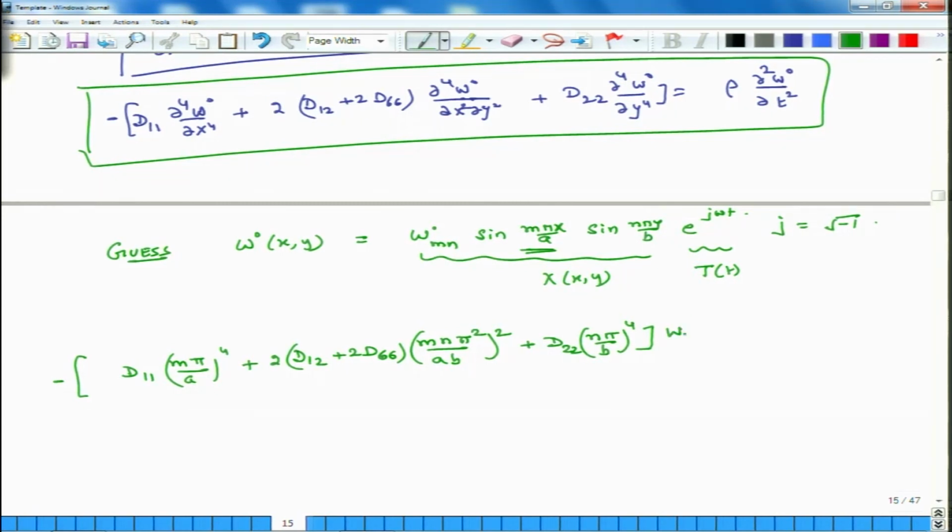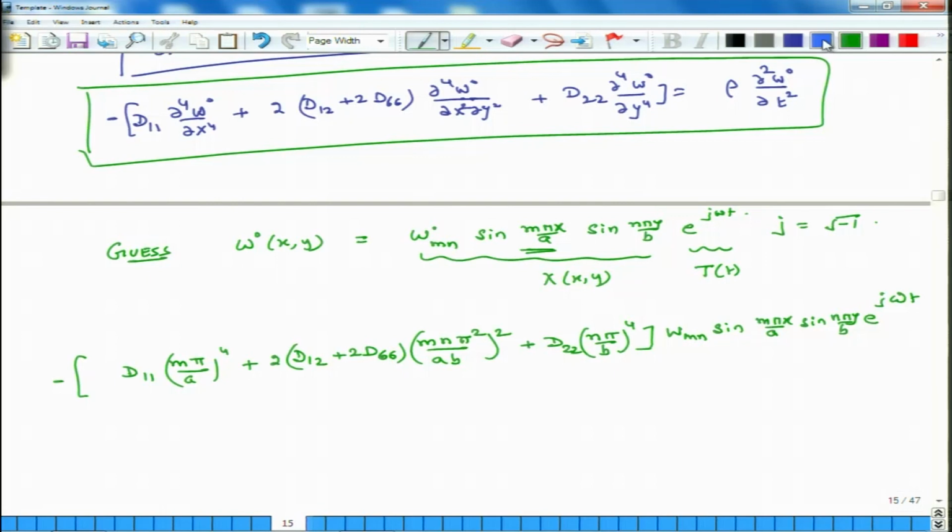times w m n sine m pi x over a sine n pi y over b e to the power of j omega t.